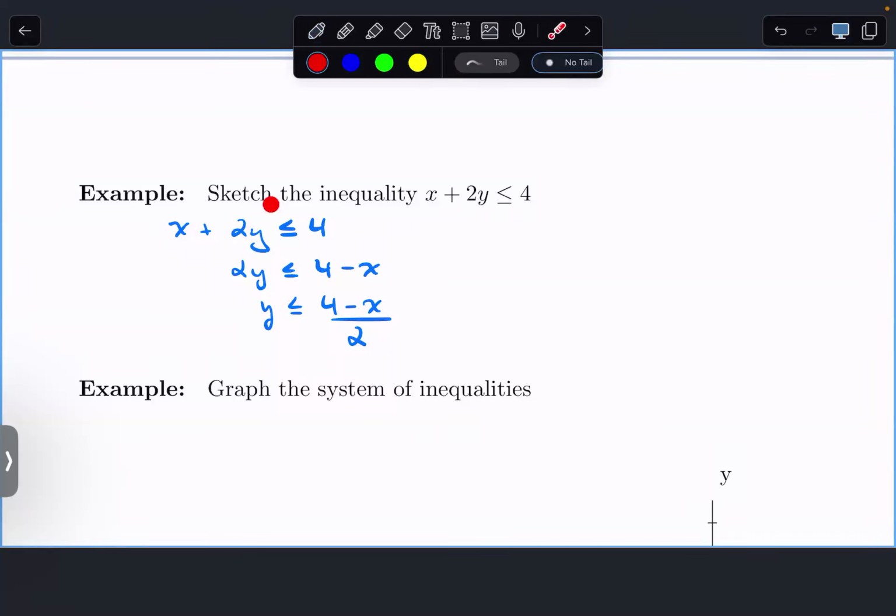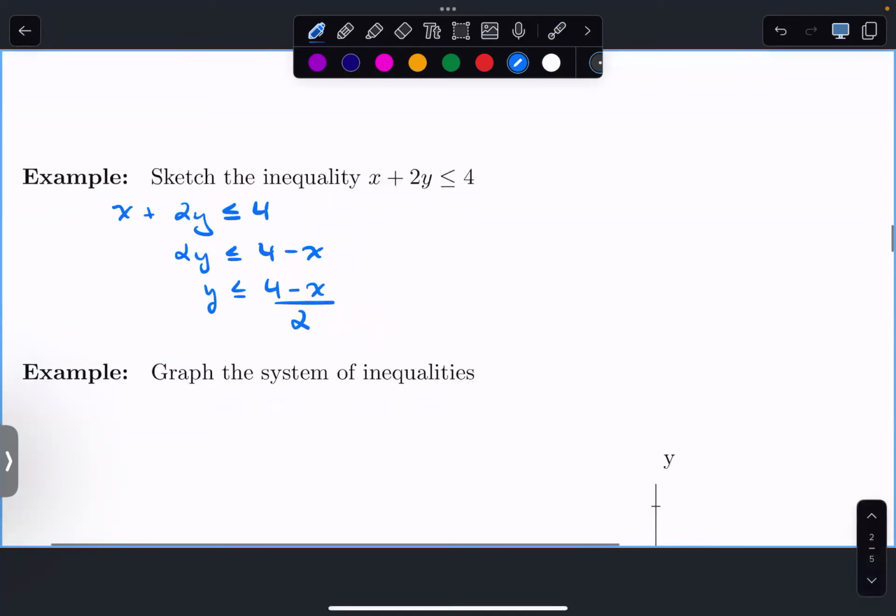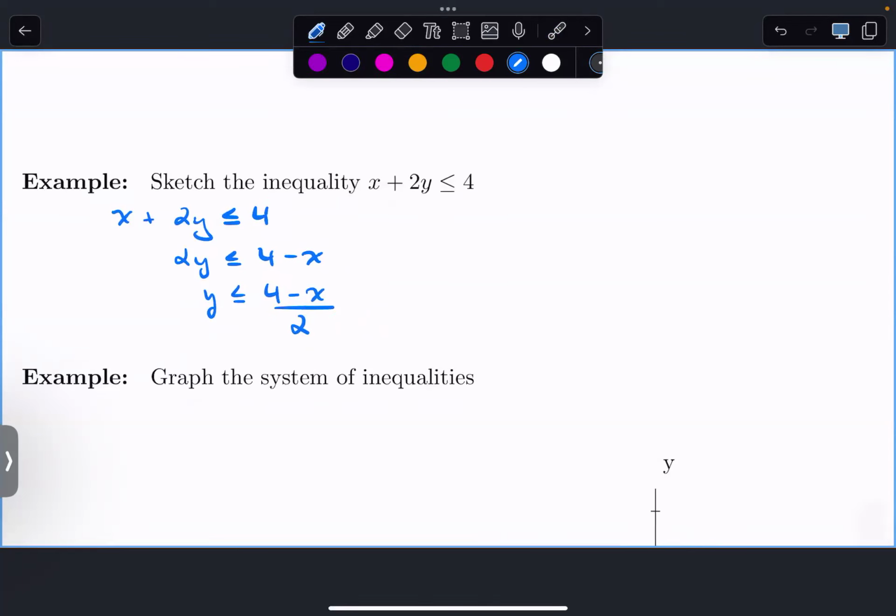We're sketching because I didn't want to put in a new graph for this little guy. So let's see here. I'm going to draw the line, y equals (4 minus x) over 2.